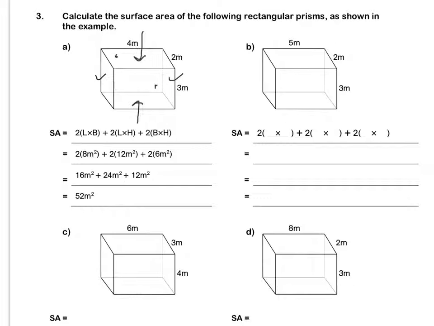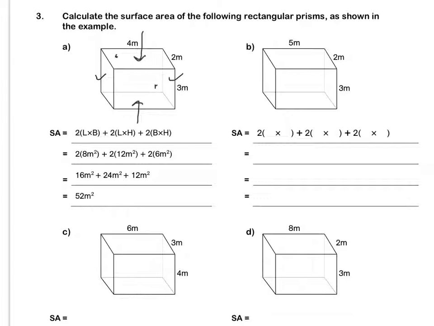So we need 2 times every single combination of the length, breadth and height. You can do it in any order. It's 2 times length times breadth plus 2 times length times height. So we times the length by the breadth and the length by the height. And all that's left is to times the breadth by the height and times by 2.